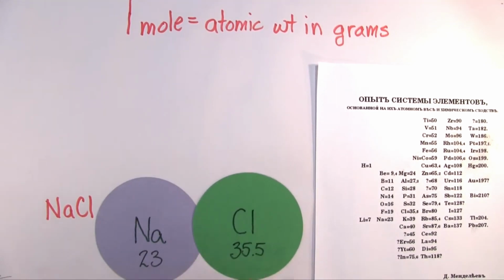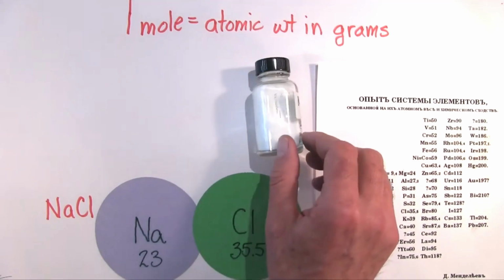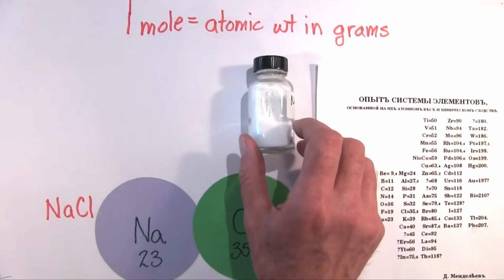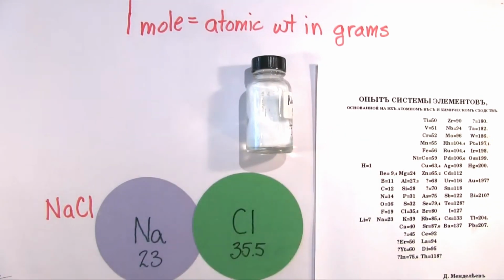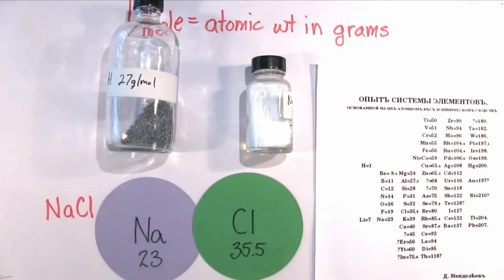Now we need to add these together. If we add these two together, we get 58.5 grams. There's 58.5 grams of sodium chloride. That has the same number of particles in it as 27 grams of aluminum.